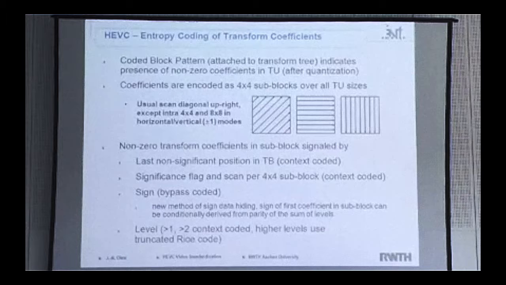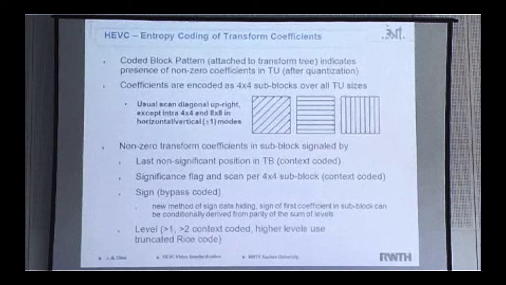This is done by subdividing the larger transform block into 4 by 4 subblocks. And then the transform coefficients are encoded in groups of 4 by 4 coefficients. That means, for example, in the case of a 16 by 16 transform, you have 16 of these 4 by 4 subblocks.